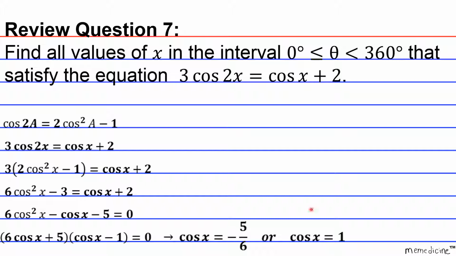Okay, and none of these values are outside of the range for the cosine values, which is from -1 to 1, so we're good. These are both valid answers. It's just now we have to actually solve the riddle and answer the question. They're not looking for cosine values or trigonometric values.